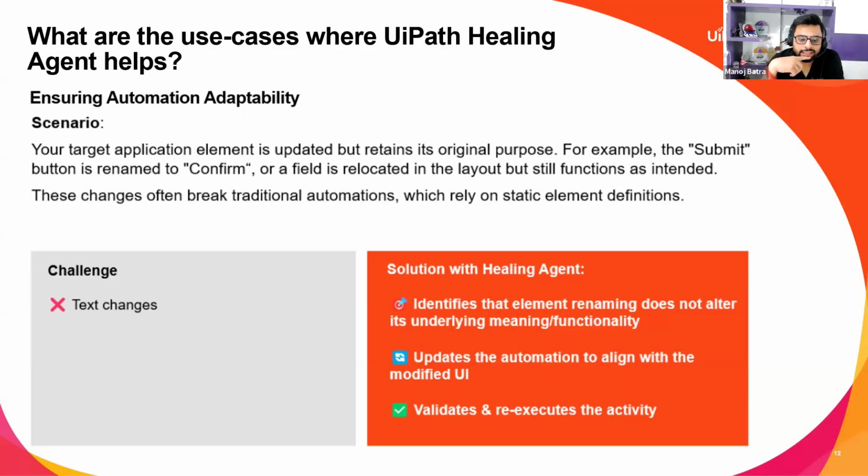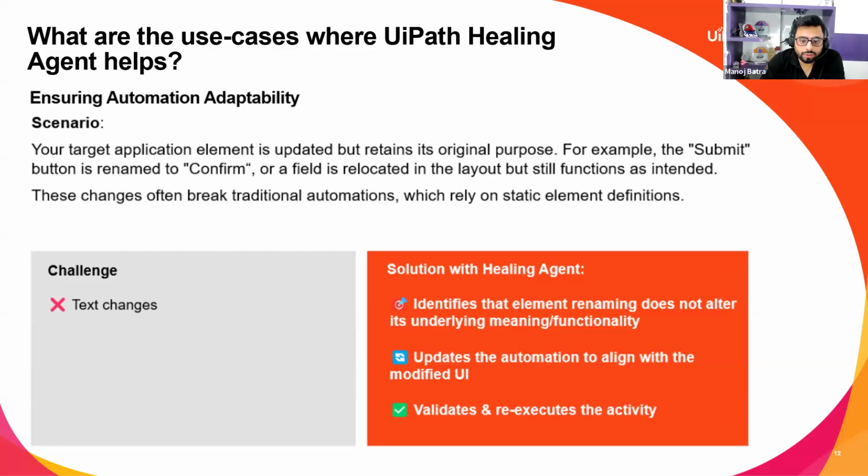So it also analyzes those semantic changes which were there on the screen, using some machine learning models, which is a kind of AI that healing agents use. So it identifies that, okay, all other parts are the same, but the text got changed. So it identifies that the element has been renamed and it has the same semantic meaning. It updates the automation and then validates and re-executes the activity. So these are the few use cases where healing agent can be super useful.